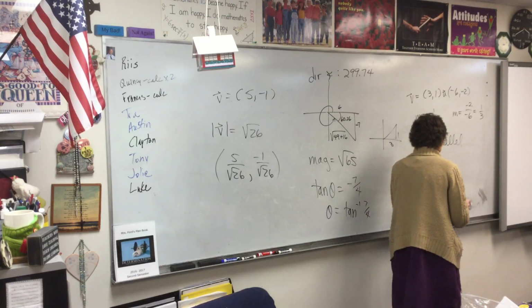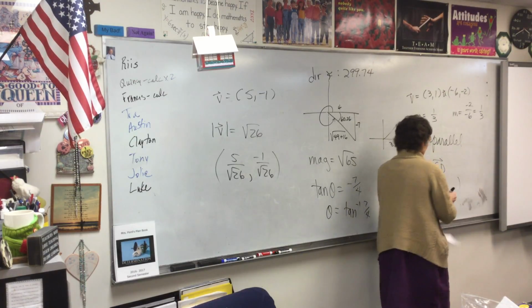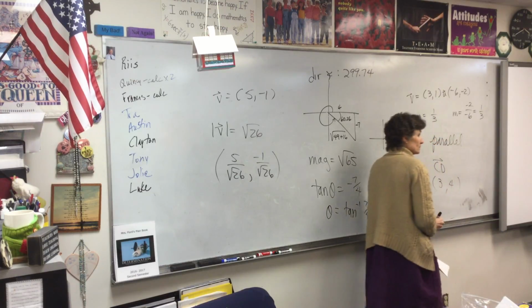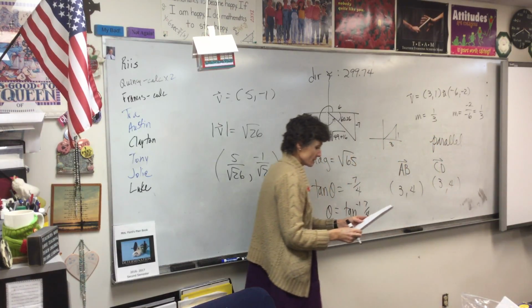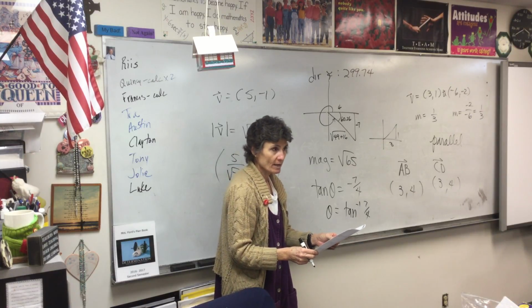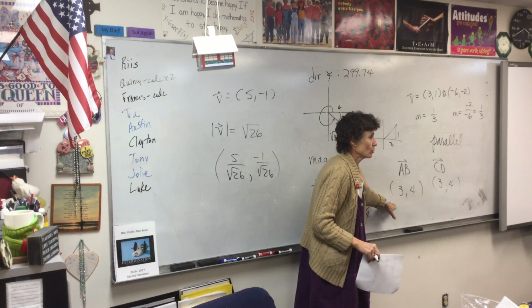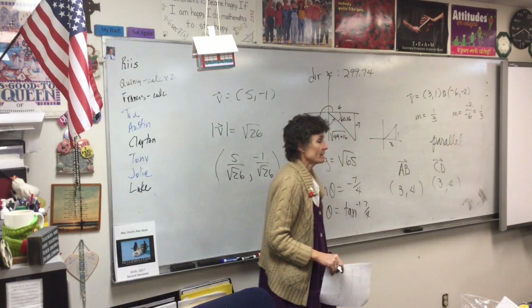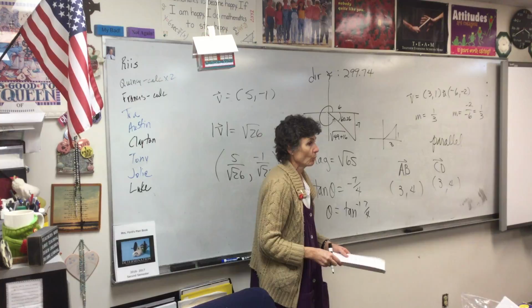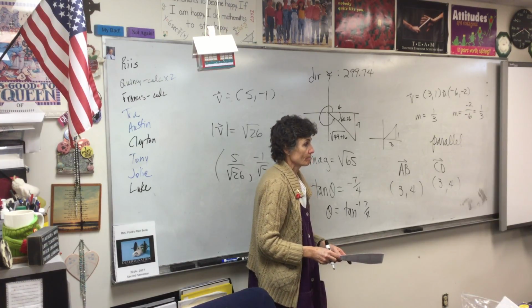Now we're going from C to D. 3, 4? Question is, are they equal? Yes. Why are they equal? Because they have the same coordinates. That's right, their coordinates are the same. They have exactly the same coordinates. Okay?